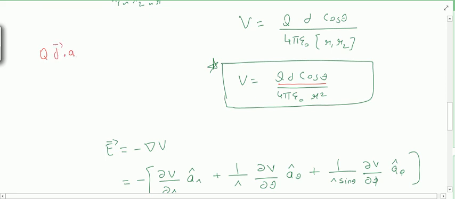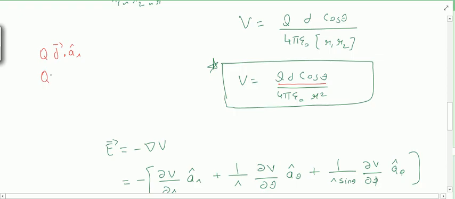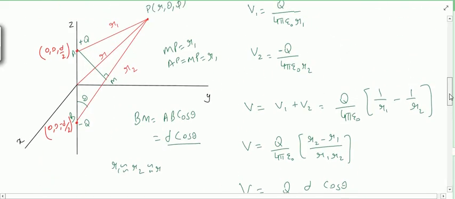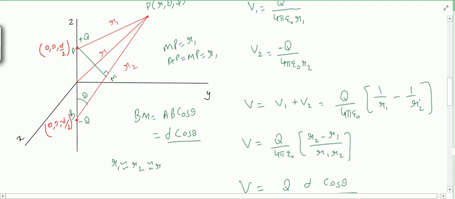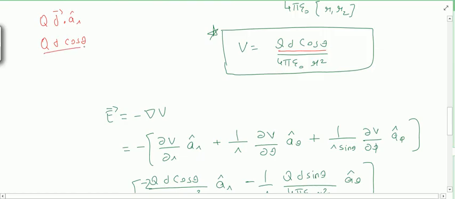So q d dot a r cap will simply be q, the magnitude of d, the magnitude of a r, that is 1, and the cosine of the angle between them. In the diagram I have taken the angle as theta here, you see. And what is this, this is actually the dipole moment. So I can write this as p dot a r.